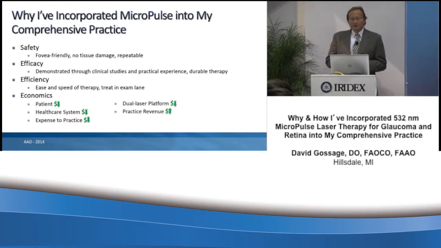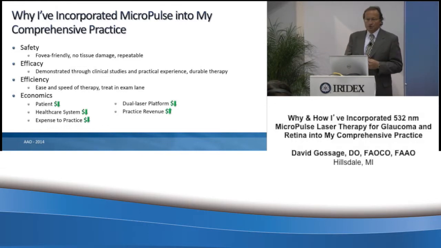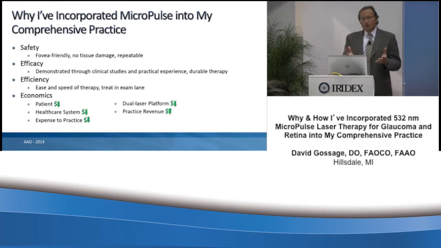For the practice, having one laser that can do multiple things also reduces the cost. So if I can have a solid-state laser that can do glaucoma, that can do retina, that I can treat PRPs, I can do focals, I can do laser suture lysis. I can do many things with this laser, and it's only one laser.